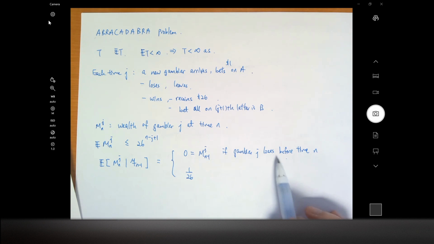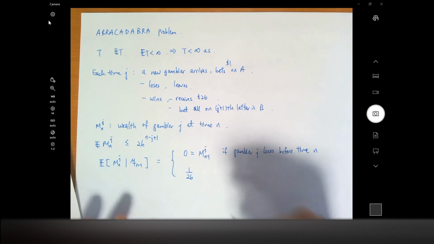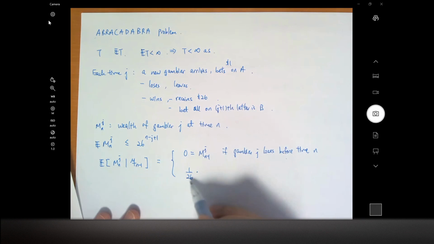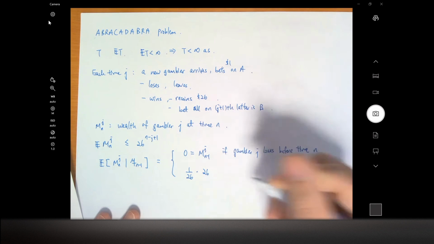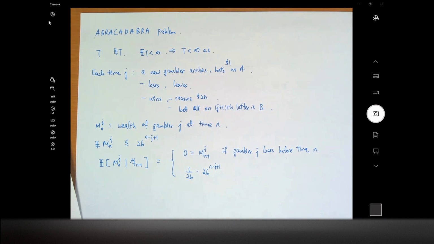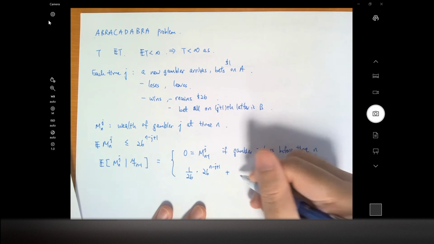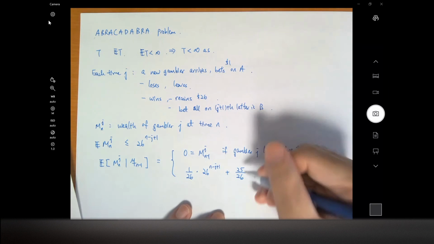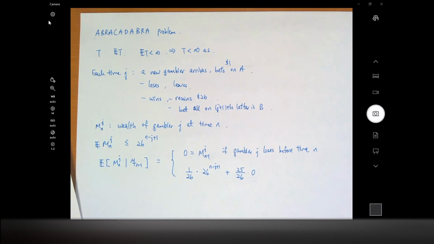If he hasn't lost before time n, that means he has won all the way. So he will have already accumulated the wealth, and then including the one at time n, it will be multiplied. So you have 26 to the power n minus j plus 1. And of course with 25 over 26 probability, as long as the letter is not correct, you will lose, so the wealth will be 0.